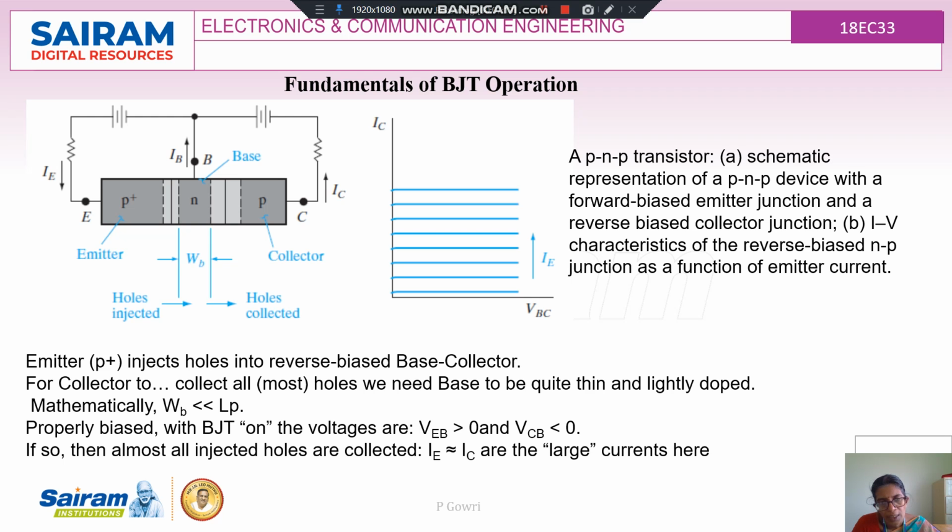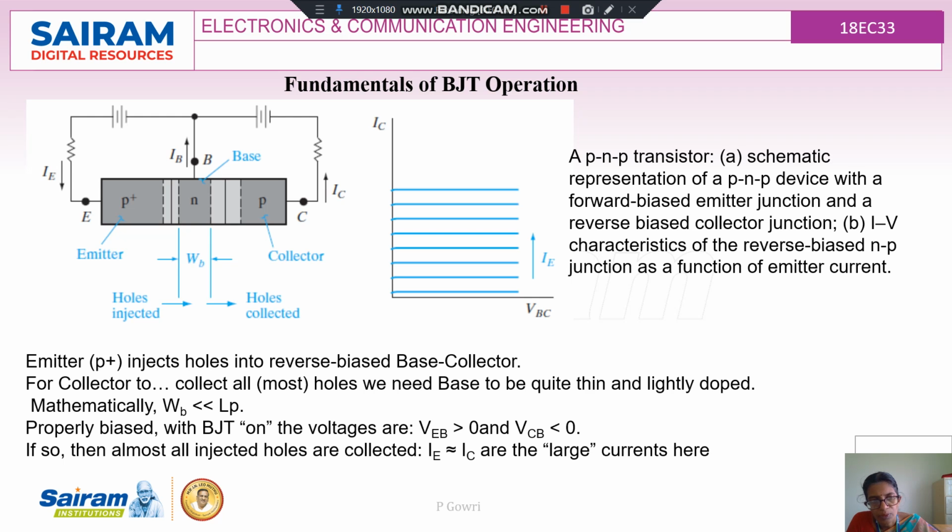We can see that IC will be constant for different values of VBC, and also that IC will be varied due to the variation in IE. So the transistor is said to be a current control device. A very small amount of current controls the output current. So the BJT is called a current control device.